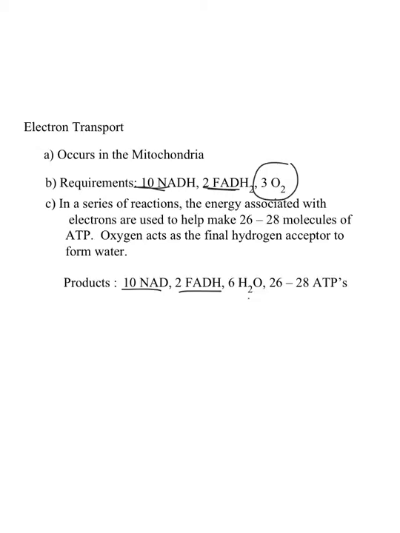Water is going to be our waste, and hey, that's a lot of energy. 26 to 28 ATPs is certainly enough to keep complex multicellular organisms alive. So, let's look at how this actually happens. As in Krebs cycle, electron transport is actually a complex series of reactions that involve a bunch of steps. We're going to keep it as simple as possible and just give you the summary.